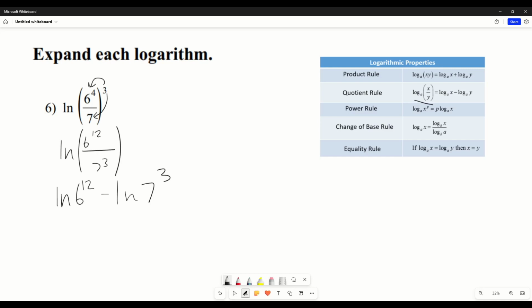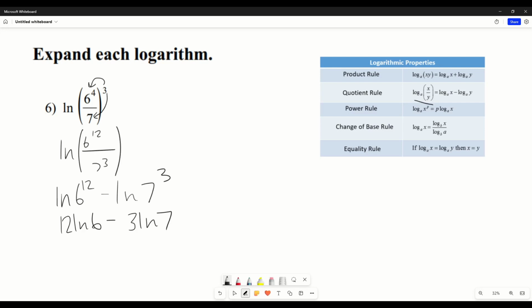Now we're going to use the power rule to bring this 12 to the front of the natural log, including this 3 in front of the natural log too. So 12 times natural log of 6 minus, oh sorry, my bad, 3 times natural log of 7. I sometimes make mistakes, but I identified it quickly, so sorry for that.